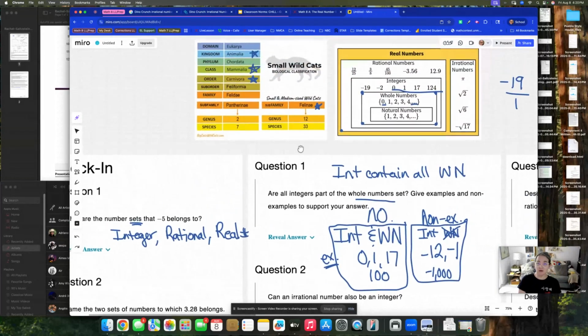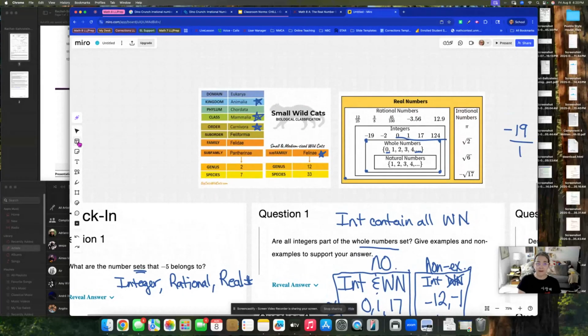Okay, name 2 sets of numbers to which 3.28 belongs. Well, I knew I could go up here in the rational numbers. By the way, rational number, we say it can be written as a fraction.